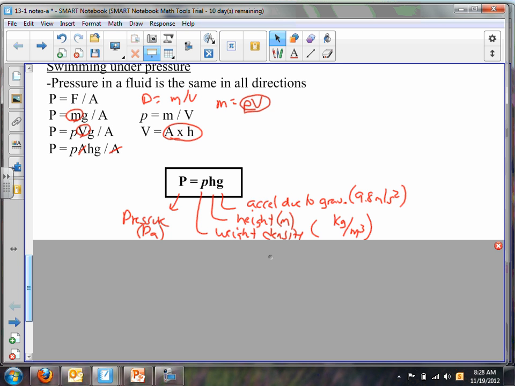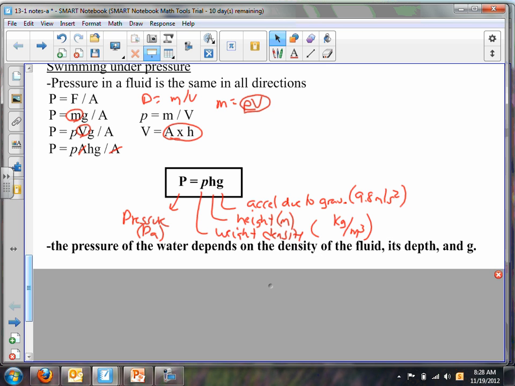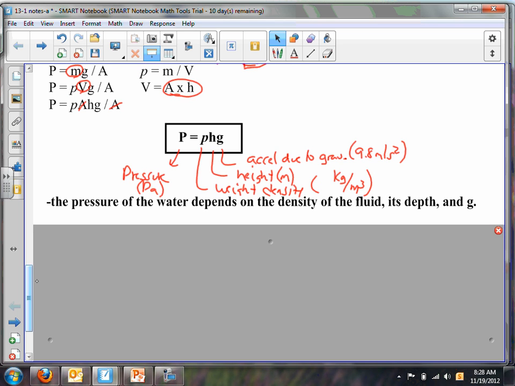And also the interesting thing is the only variable in this equation is the height. So the pressure of water when you're swimming depends on the density of the fluid, which is a constant, g, which is a constant, and the depth. The deeper you go, the more pressure you're going to have on you. And that's what we should have finished from yesterday.